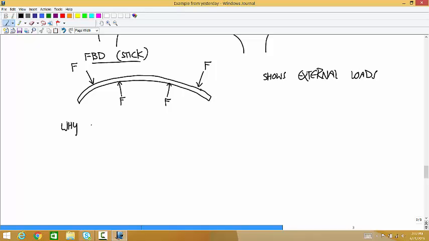So here's the break. Why does the fracture occur away from the external loads, at a place with no external loads?